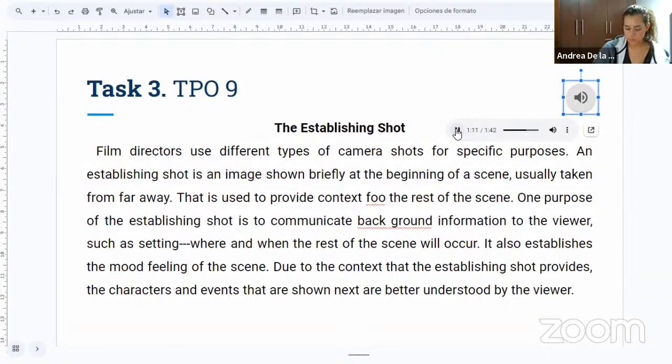So then, when the action started and it showed detectives talking to each other in an office, I already knew that the office was located in a tall building in a big city sometime in the 1940s. And I had a good idea that the events that would be taking place would be pretty dark and mysterious because of the shot, the image I saw at the beginning of the scene.